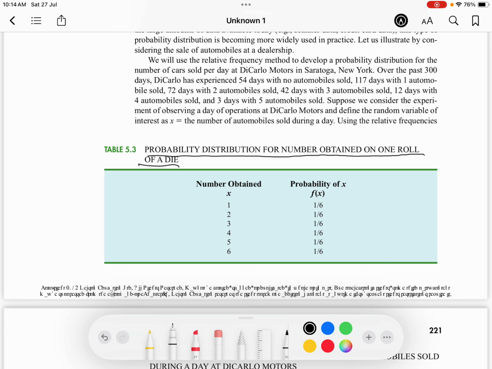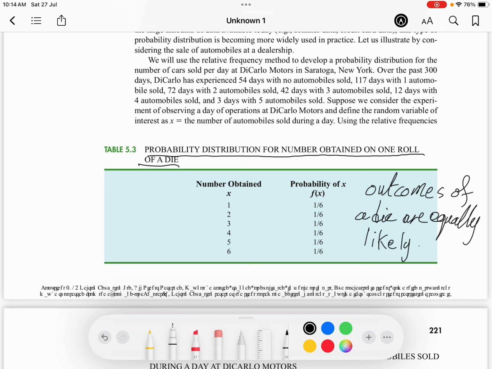We all know that the outcomes of a die are equally likely. Then we have 6 faces, so the probability of each face will be 1 over 6.